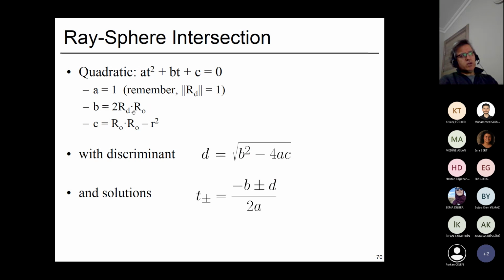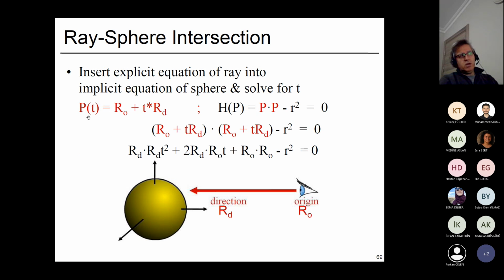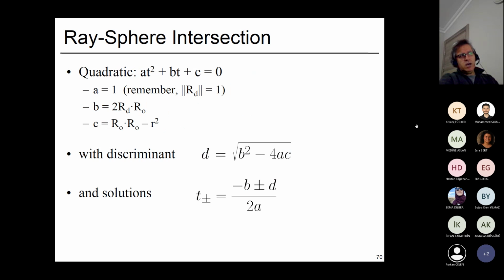Since RD is 1, A is going to be 1, and B is going to be 2 RD dot R0, and C is going to be R0 dot R0 minus R squared. And you can see that R0, if you recall, is the ray's origin, and RD is the ray's direction, right?